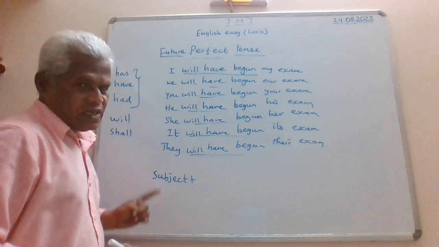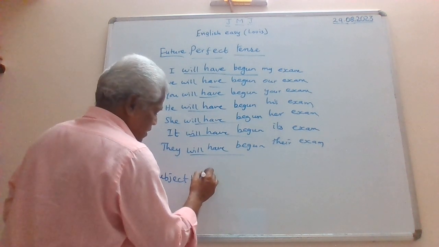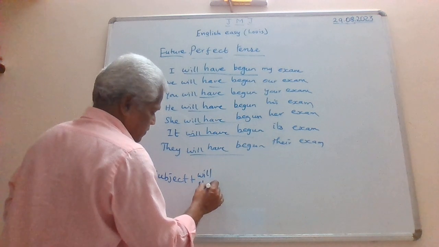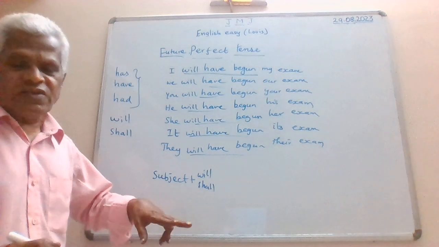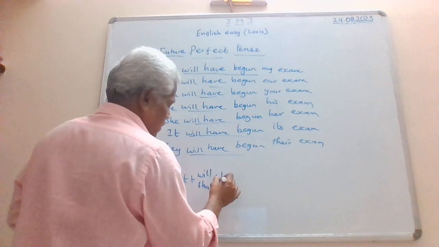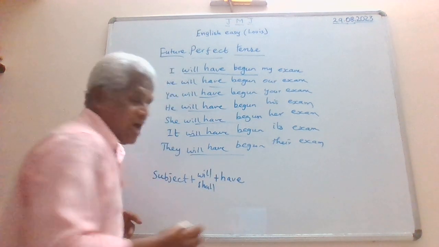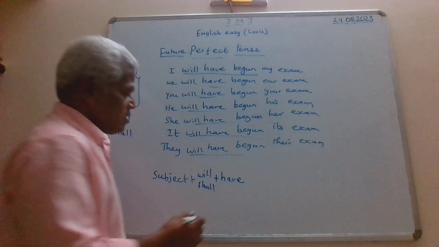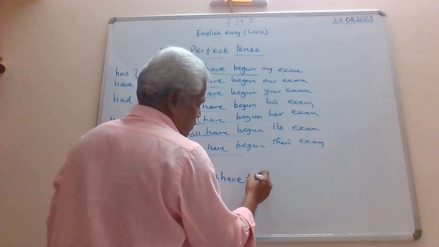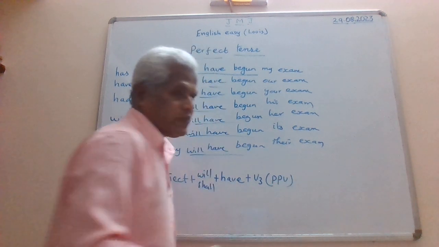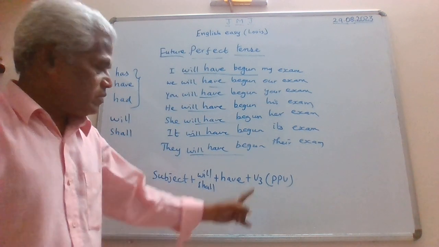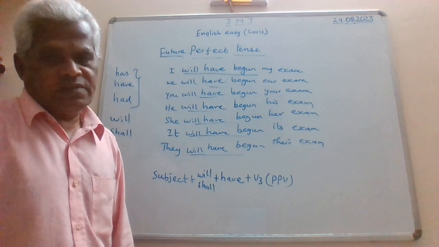After writing the subject, since this is future, we will write will or shall. And since perfect is also added, we have the auxiliary verb have, and then verb 3, the past participle form of the verb.